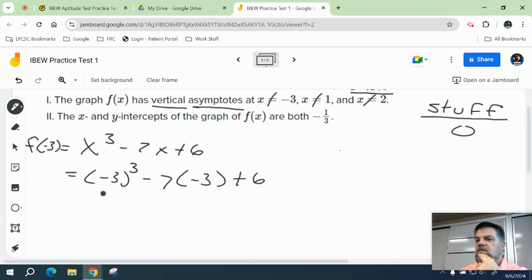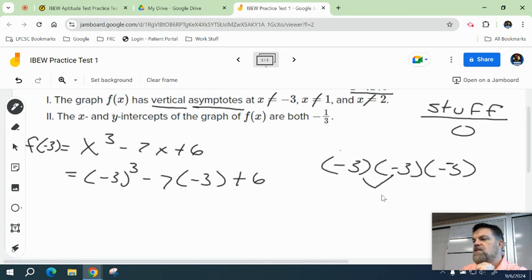So anyways, negative 3 to the third power is negative 3 times negative 3 times negative 3. So this is positive 9, and then positive 9 times negative 3 is just negative 27. And then over here, we've got negative 7 times negative 3, that's a positive 21, plus 6.